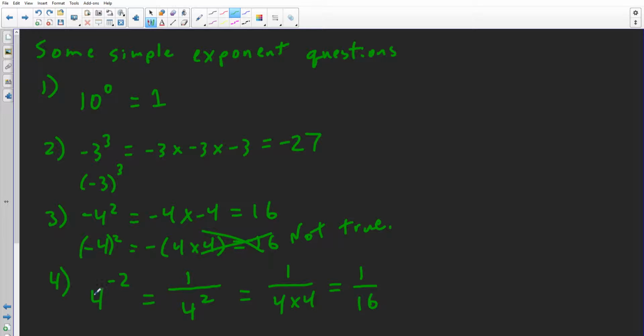Okay? If you have a number with a negative exponent, you just put 1 over that whole thing, and then you change the exponent to a positive number. And then all you do is underneath, in the denominator of the fraction, you just work out what the exponent is. So it would be 1 over 16 for our final answer.